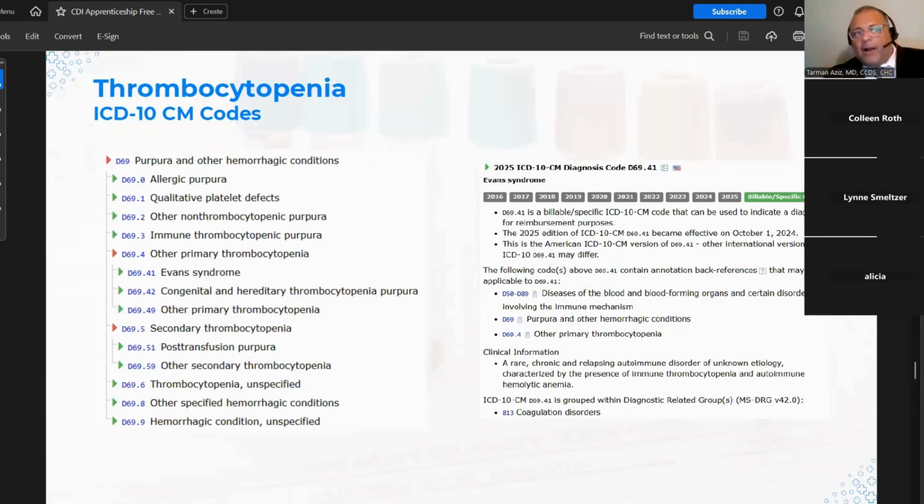Now you can see how complicated thrombocytopenia can get because you have both primary and secondary thrombocytopenias possible within the code set. And furthermore, there are some rare disorders.